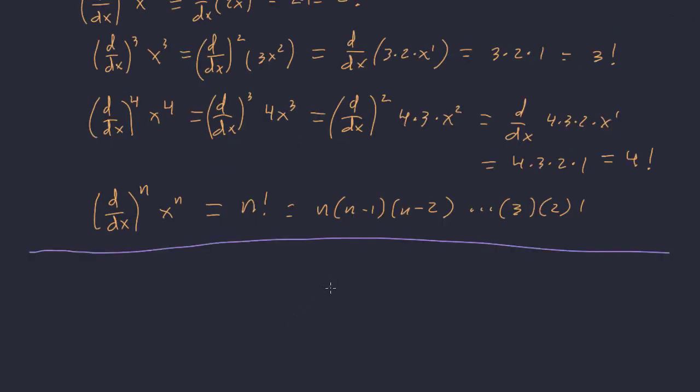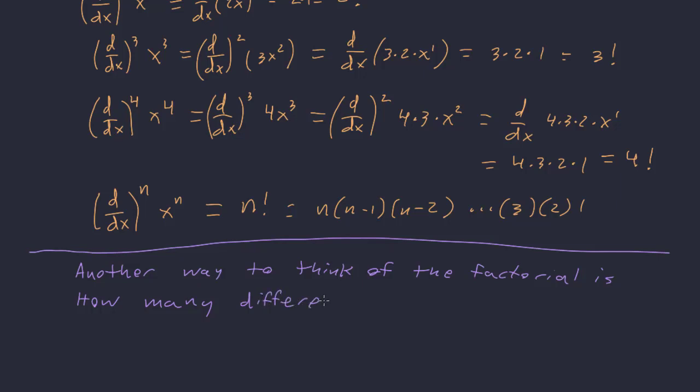Okay, let me give you another explanation. Another way to think of the factorial is how many different ways are there to order n characters?